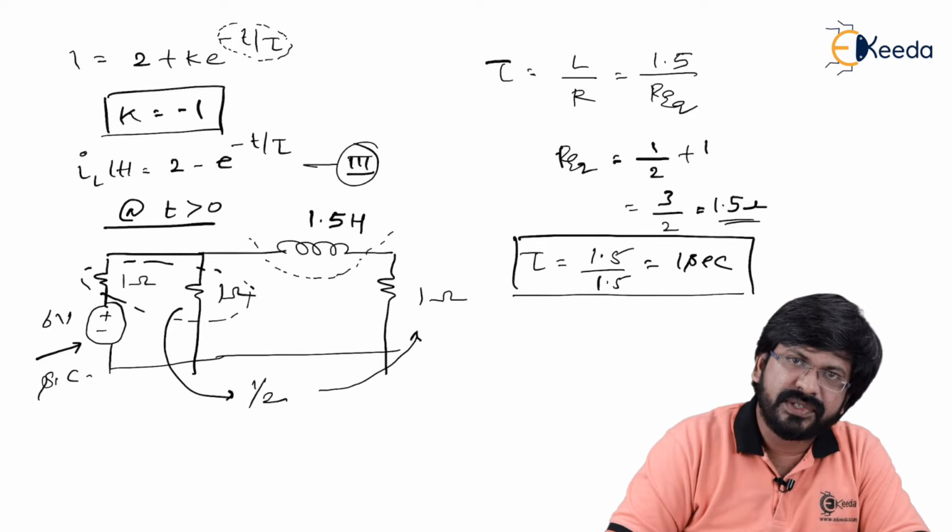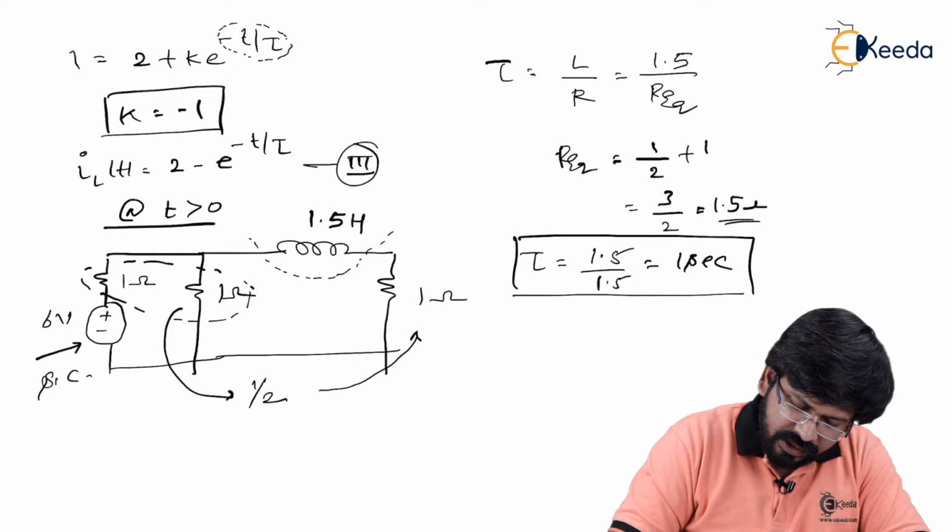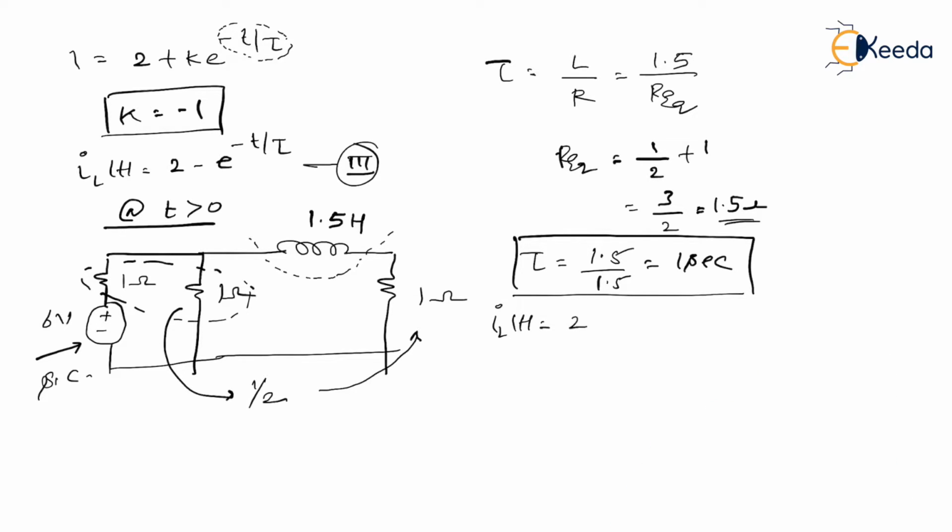Let us substitute this tau in equation number 3. Finally, we have IL of t equal to 2 minus e to the power minus t. So this is equation 4 for me. Let us summarize the question. The question was to determine IL of t at t equal to 1 second.